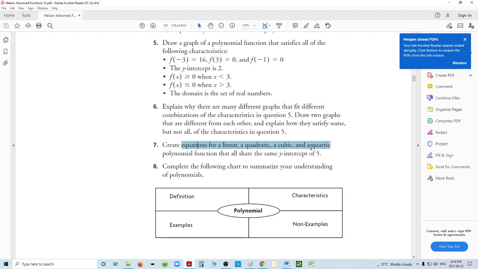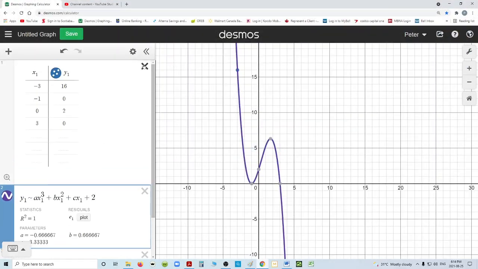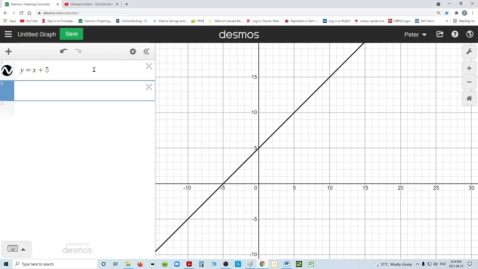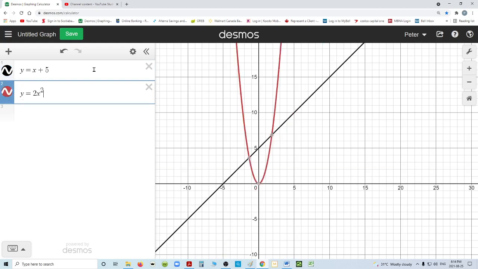Create equations for linear, quadratic, and polynomial functions that all share the same y-intercept of 5. That's a y-intercept of 5. So that's essentially doing it like this. Here's a line with 5. Here's a parabola. It doesn't matter what I put for the parabola, so long as I have plus 5. Okay.